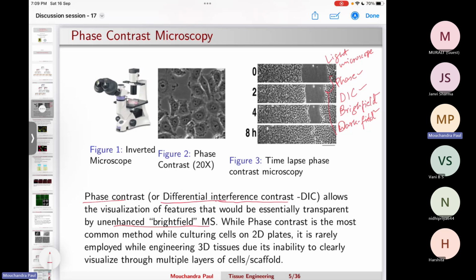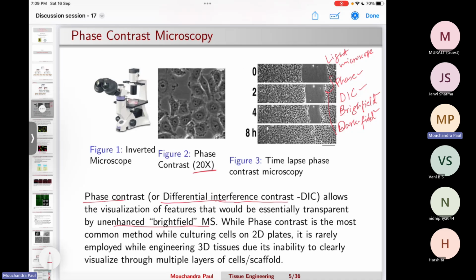But the benefit for tissue engineers, or why tissue engineers should know about these types of microscopy techniques, is it will help you to visualize the cells. As you can see here, the cell morphology, how it looks like. You can visualize cells at different magnification. This image is taken at 28 magnification.